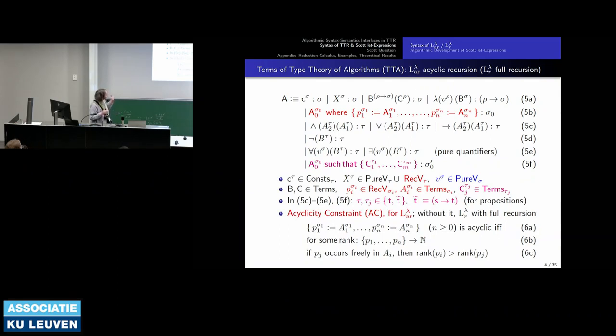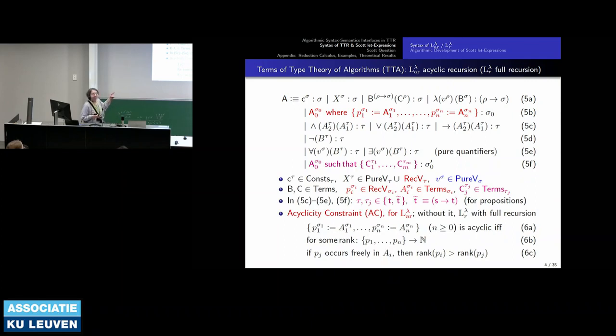So if you find at least one ranking function from these memory slots, p1 to pn, such that the rank of pi is larger than the rank of all the free memories there, in which you are free to save information, then it is guaranteed to stop.